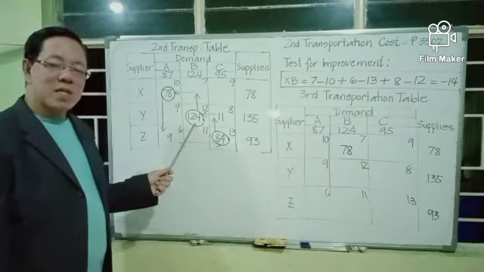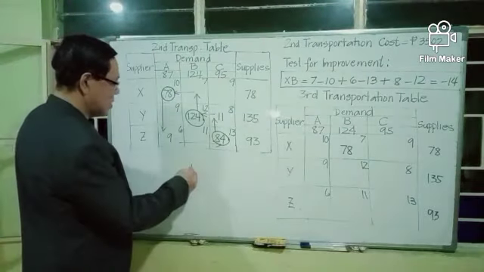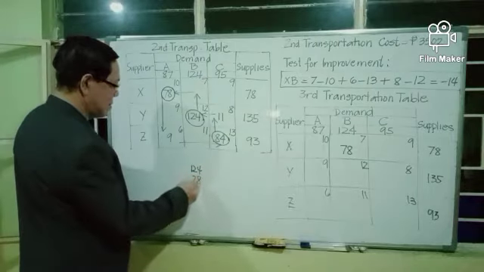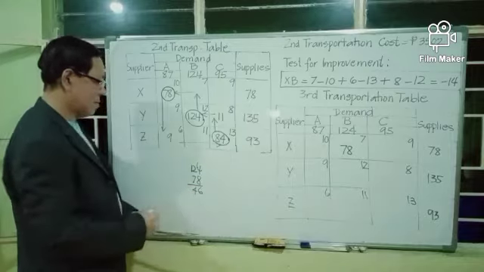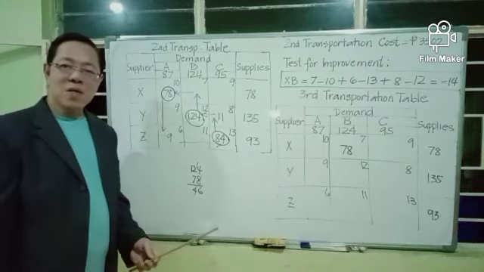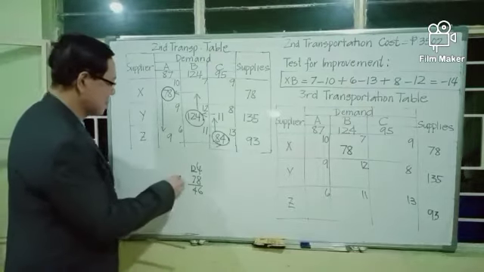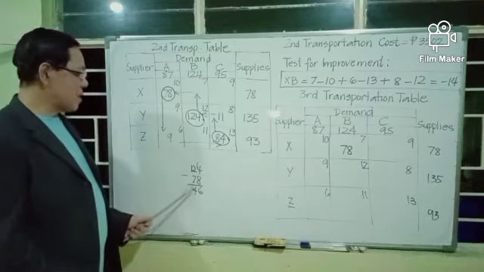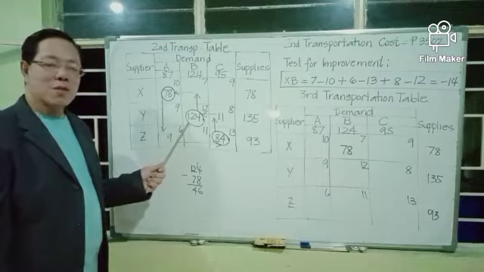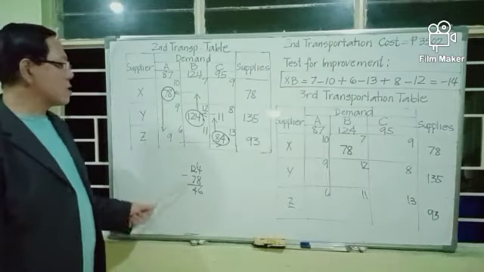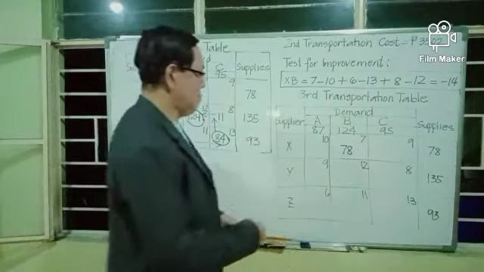And what number should be written here? 124 minus 78. You may use your calculator, or you can do it manually. 124 minus 78 is 46. So this 124 will now change to 46 units in the cell YB. YB 46.